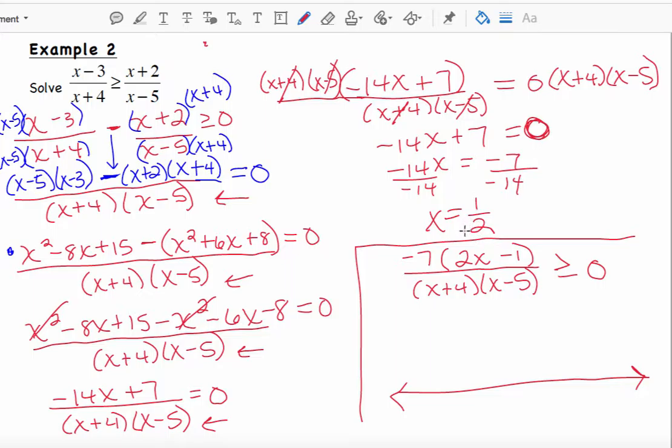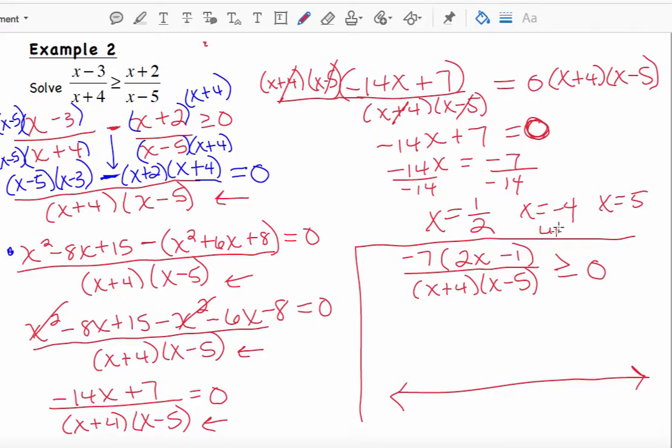Now I have a couple more critical numbers that I did not find yet. And that is where your denominators are undefined. So we also have to take x plus 4 and set it equal to 0. And you get x is equal to negative 4. We also have to take x minus 5 and set it equal to 0. And you get x is equal to 5.